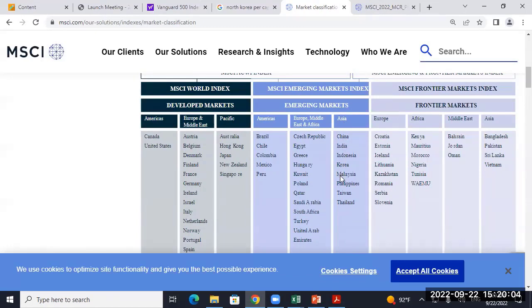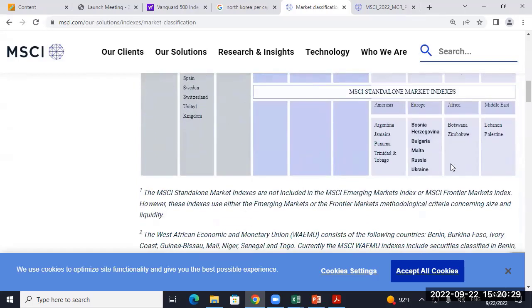India, Indonesia, Korea, Malaysia, Philippines, Taiwan, Thailand, and in frontier markets, the only place Africa shows up is on the frontier markets, except for South Africa. South Africa is an emerging market. I don't think there's any other African countries here. Middle East, Bahrain, Jordan, Oman, Asia, Bangladesh, Pakistan, Sri Lanka, Vietnam.